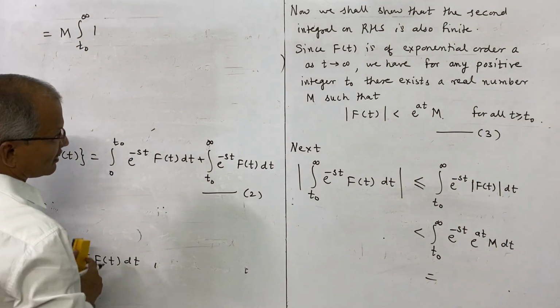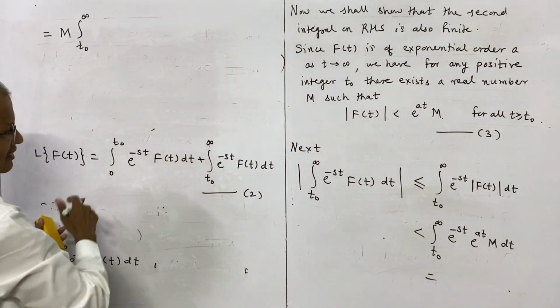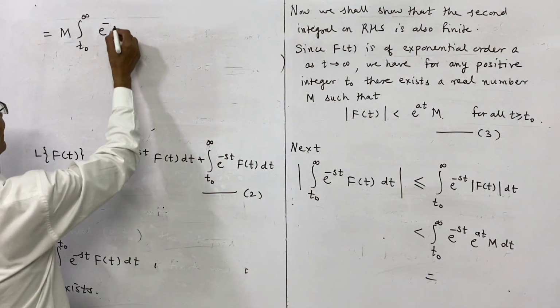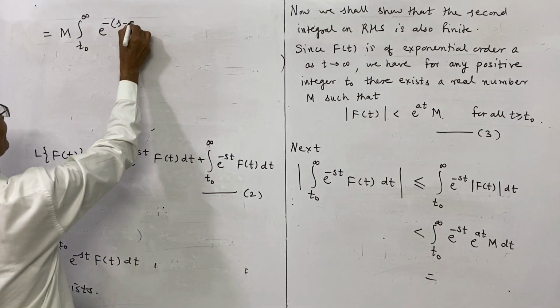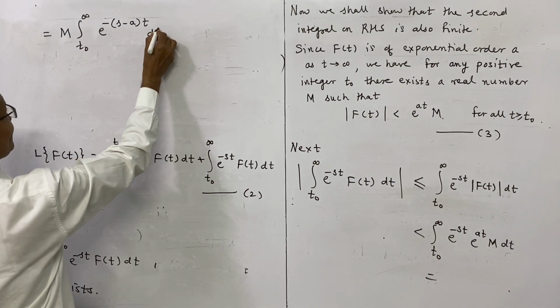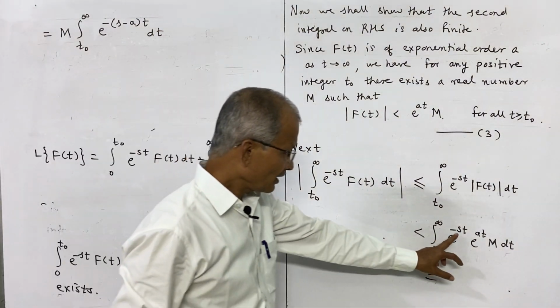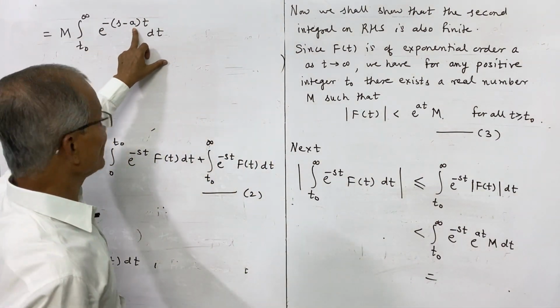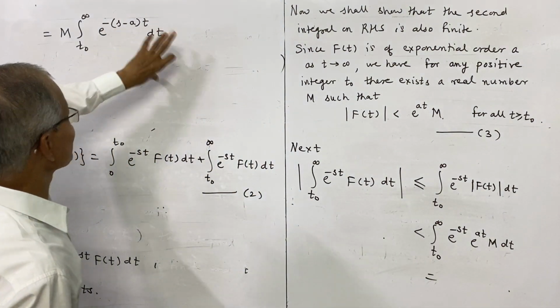What remains inside is e power minus, taking the minus sign common, s minus a into t dt. Minus of minus becomes plus a, giving e power at times e power minus st.